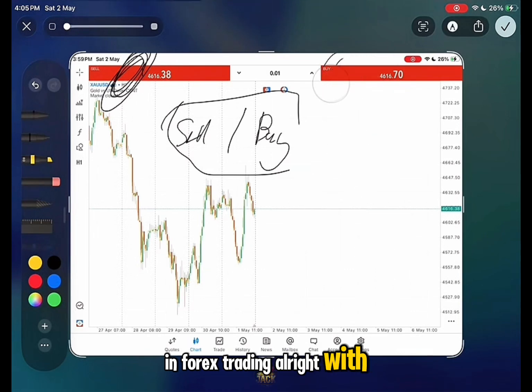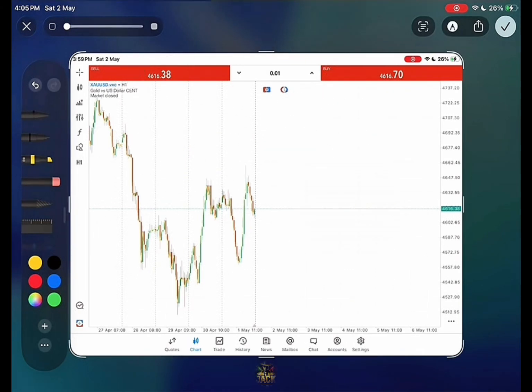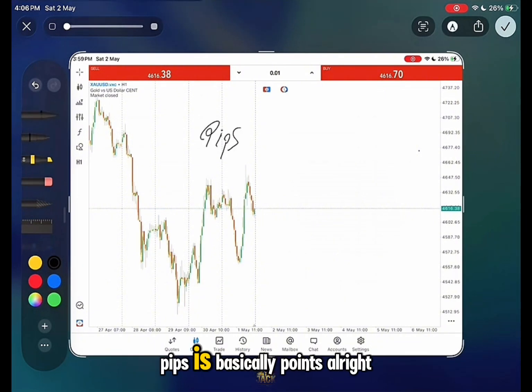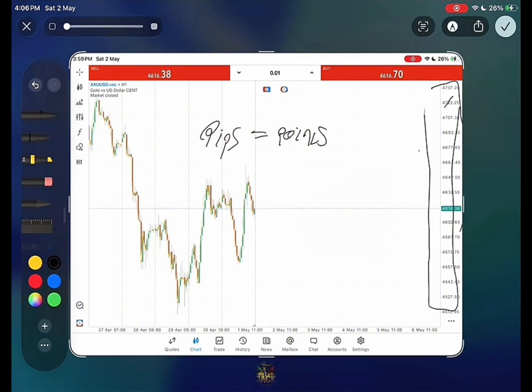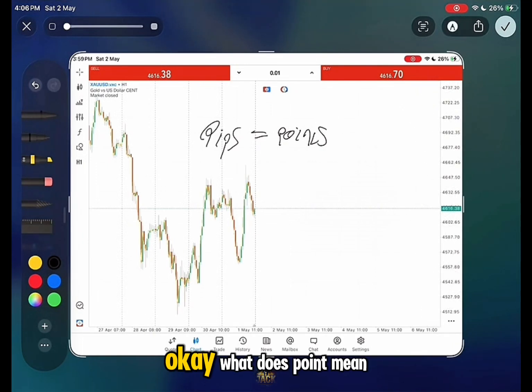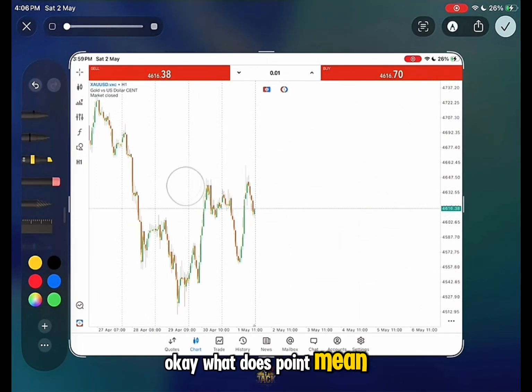All right? With that said, let's talk about pips. Pips is basically points. As you can see here, this area right here, this is what we call points.